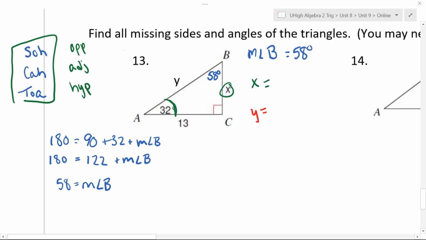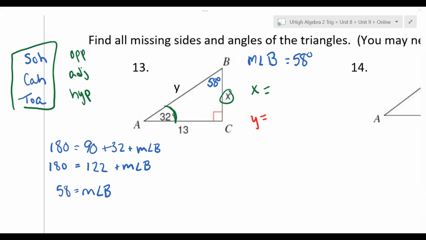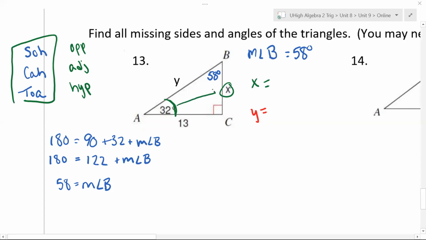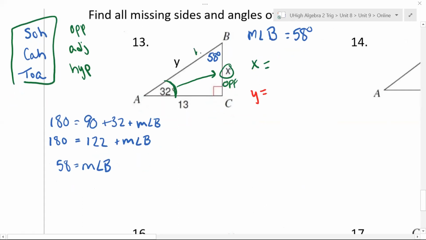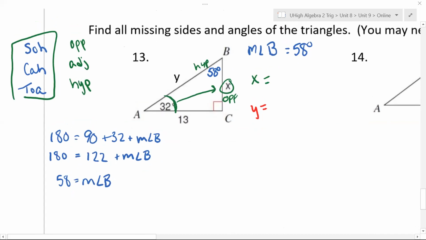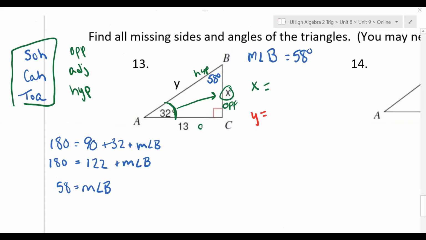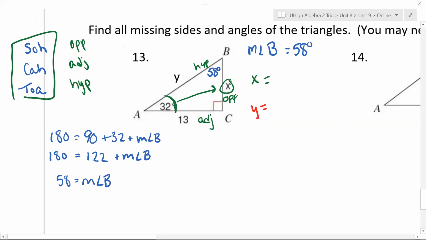Looking off of my 32-degree angle, my opposite side is what I open up to, so my x is going to be my opposite side. My hypotenuse is always whatever's across from my 90-degree angle, so my hypotenuse is my y side. And the adjacent is whatever is next to my angle, so that's going to be my 13.